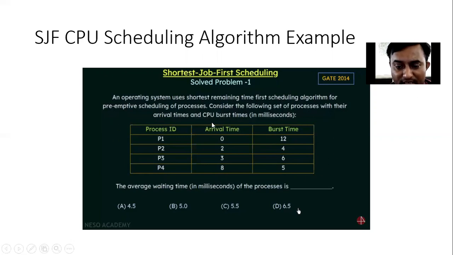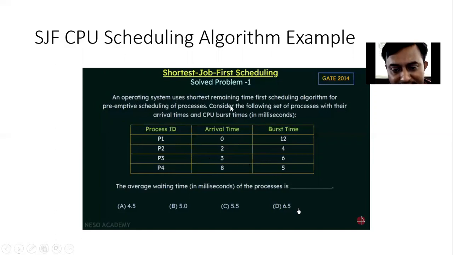This table is given to you as input, in which there are four processes with their arrival time and burst time. Arrival time you know very well, and burst time is nothing but the running time in the CPU. That is given to you as input for different processes in terms of milliseconds.